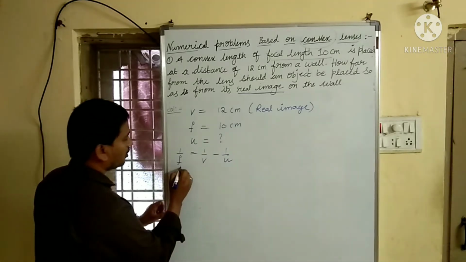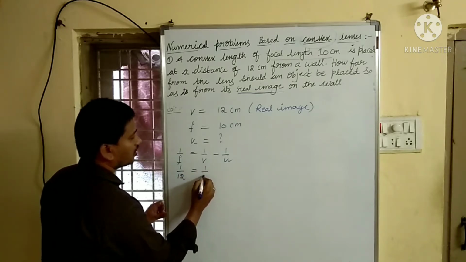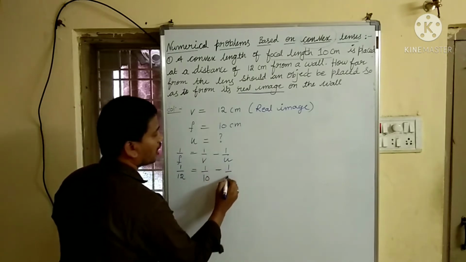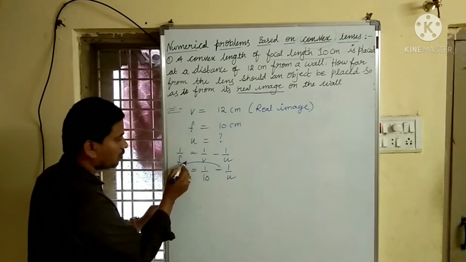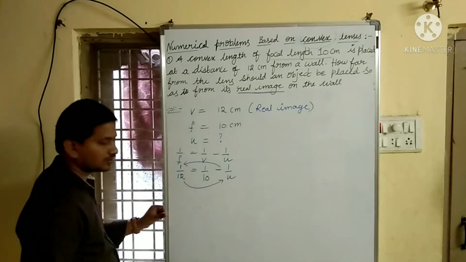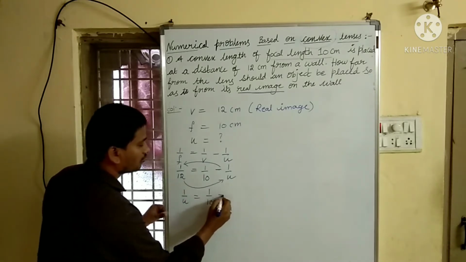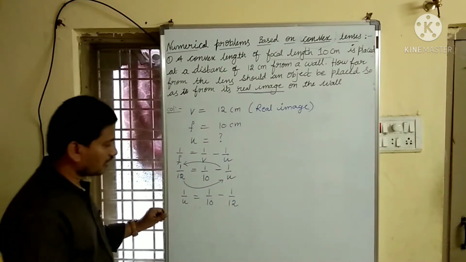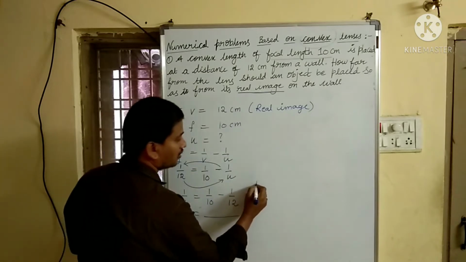So 1 by f equal to 1 by 10, 1 by v equal to 1 by 12, minus 1 by u. We have to find the object distance only, 1 by u. Transposing, 1 by u equal to 1 by 10 minus 1 by 12. What is the LCM of 10 and 12?